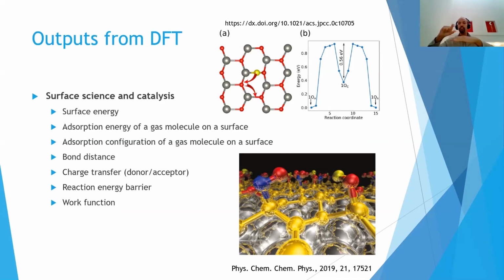So you want to find the adsorption energy, how strongly a molecule is adsorbed to a surface. The configuration, when a molecule goes on the surface: if it's carbon monoxide, would the carbon be touching the platinum, or would the oxygen be touching the platinum, or would they both be doing like this? Is it atop of a platinum or on a hollow site, and all that stuff? DFT is really good.